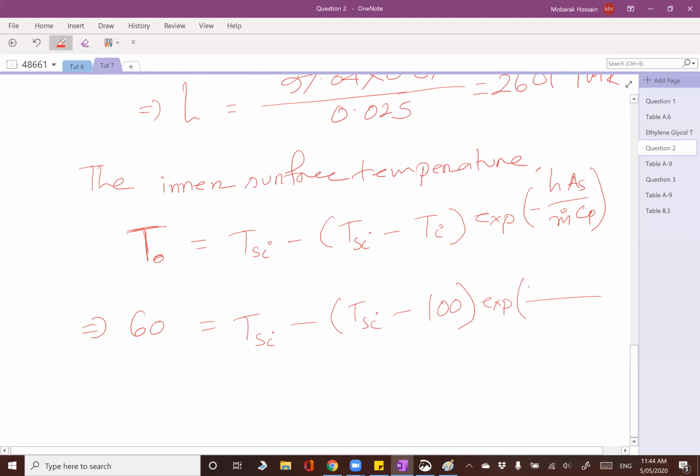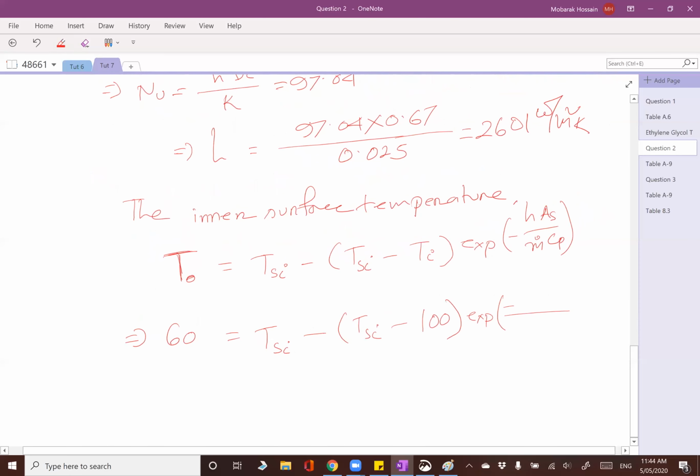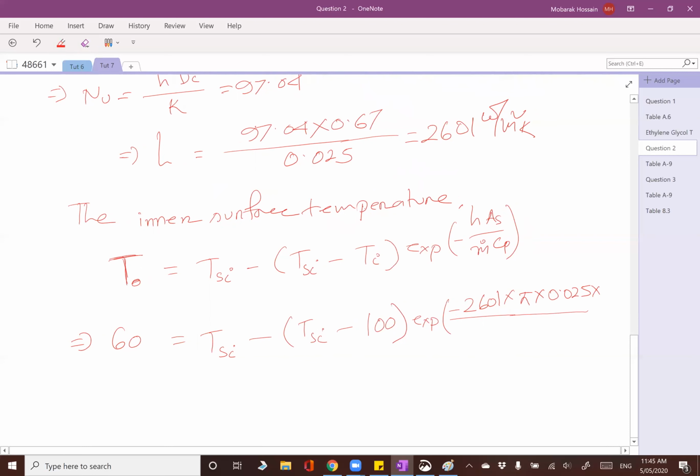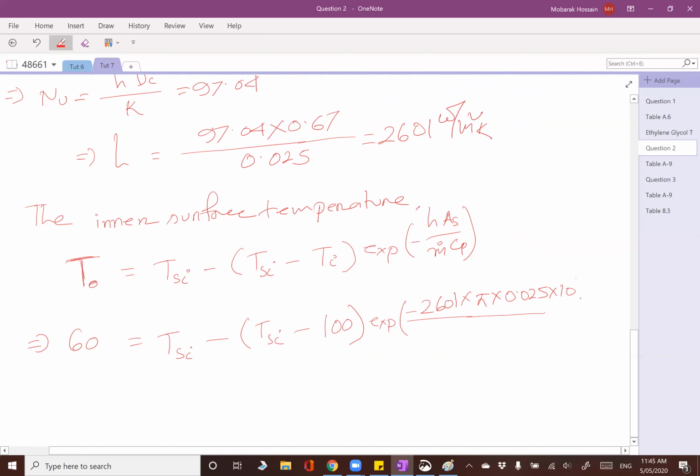Exponential of negative the convection coefficient we calculated, 2601, times the surface area, which is pi times inner diameter times length, divided by the mass flow rate, 0.15, and Cp, which we find from the tables, 4197.